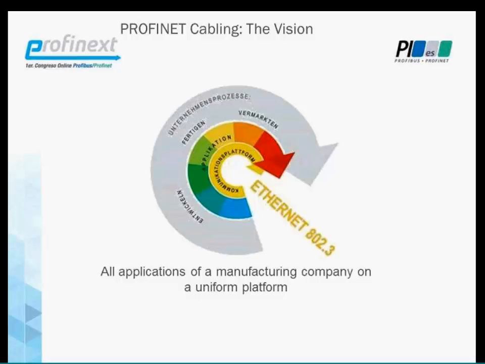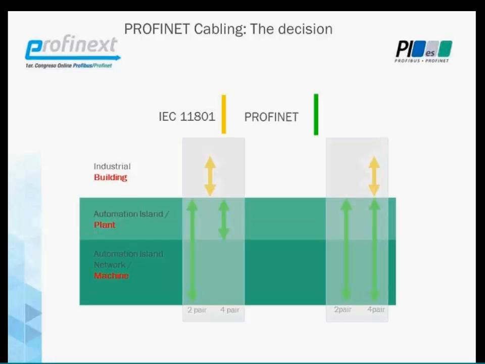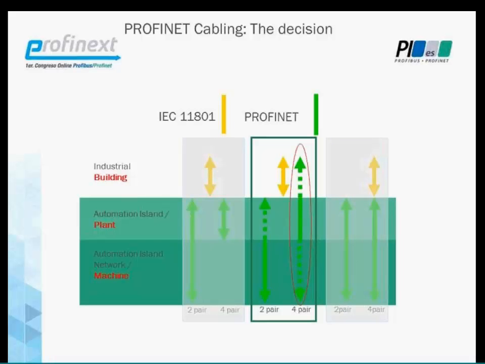We discussed that the vision should be that you have all applications of a manufacturing company on a uniform communication platform. And if you want this, then the options are a cabling for the industrial building, for the automation island, the plant, and for the automation island network, the machine. And you can have two different cabling solutions, as shown on the right and on the left: a cabling solution for the building and a cabling solution, green, for plant and machine.